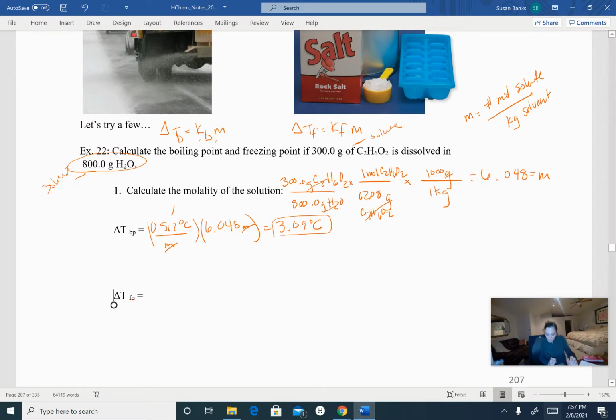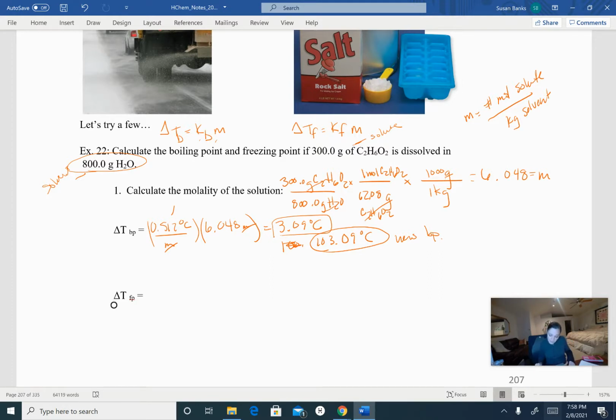So if I want to know my actual boiling point, I'm going to add it to the normal boiling point of water, which is 100. So 3.09 plus 100, I would expect this to boil at 103.09 degrees Celsius. Okay, that would be my new boiling point with that solution.